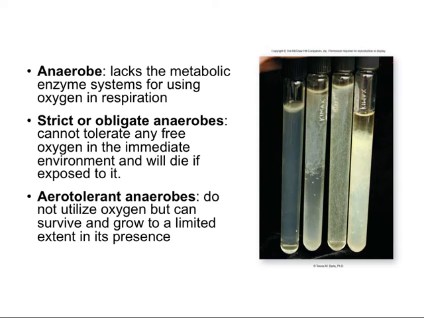So there's more oxygen towards the top and less oxygen as we move down into the thioglycolate in the tubes. So bacteria that differ in oxygen requirements grow at different levels in these tubes. So we can establish what the oxygen requirement is relatively of each of the organisms growing in here.